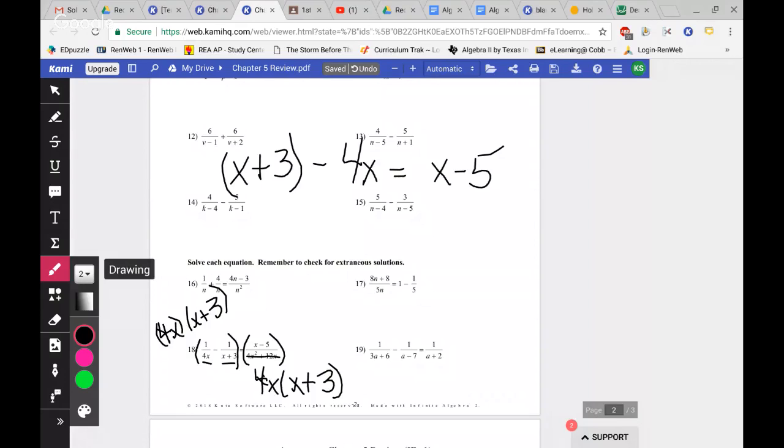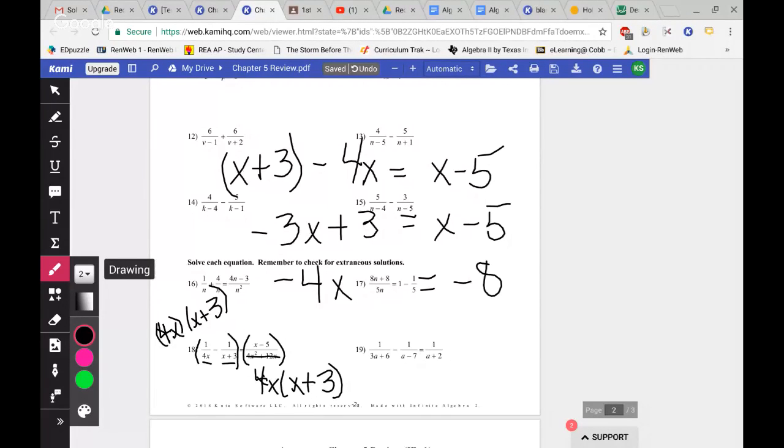And now you'll combine like terms. That's going to give you a negative 3x on this side, plus 3 equals x minus 5. I'll bring my x over to the left-hand side by subtracting x from the right, and that's going to give me a negative 4x, and take my 3 and subtract it from the left side and bring it to the right. That's going to give me a negative 8.